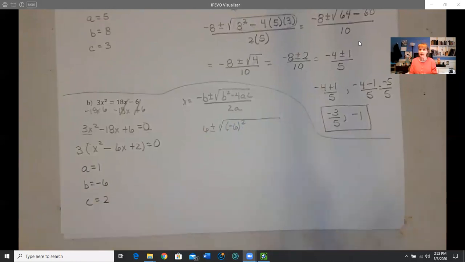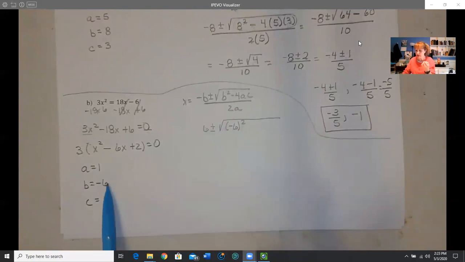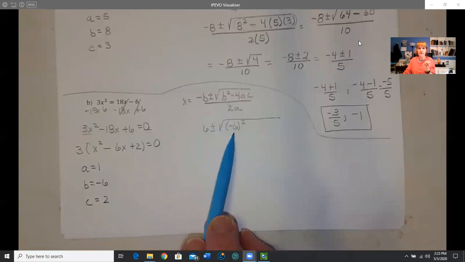If you want to use your negative, that's fine. Make sure you use parentheses when you square it, and the square needs to go outside of the parentheses. Some of you will probably just do that in your head and say, okay, 36. You won't even write this down.